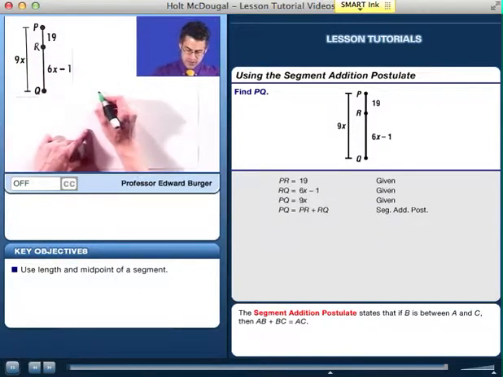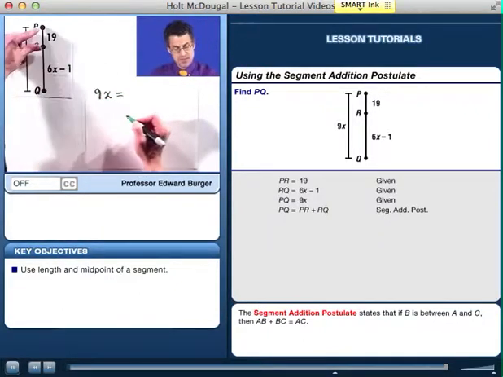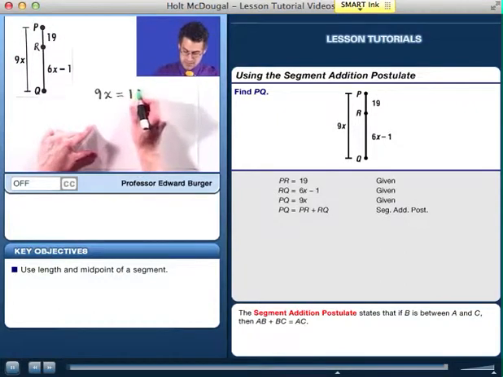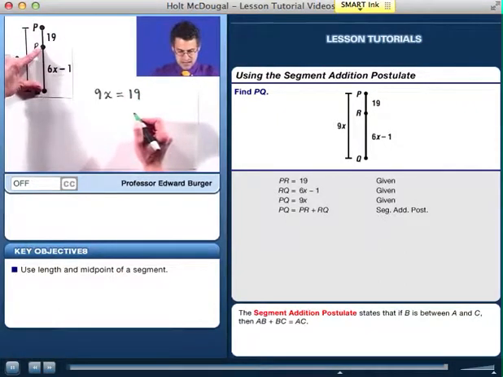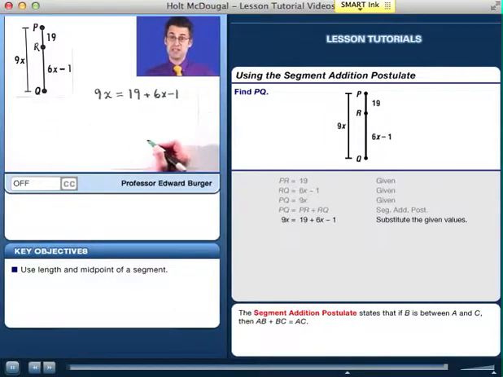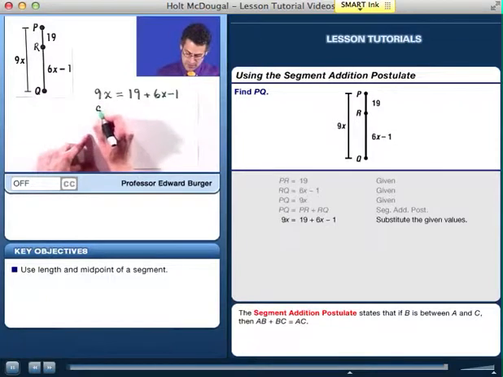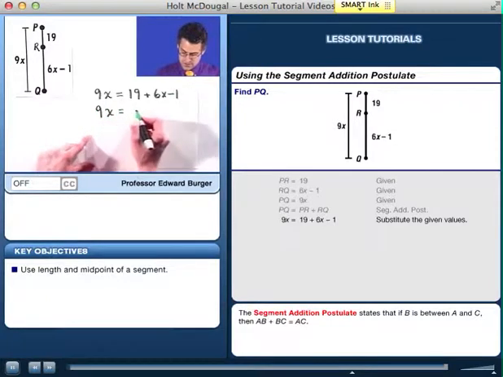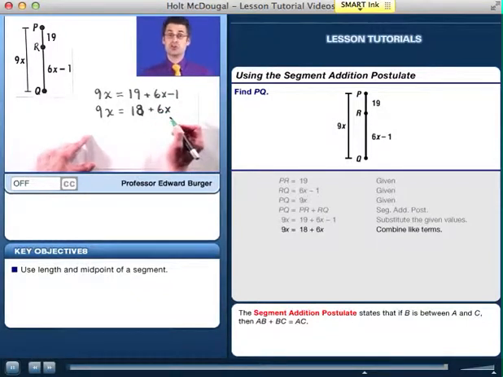This entire length, 9x, actually equals this length, 19, plus this length, 6x minus 1. Now I can clean up this equation a little teeny bit and write it as 9x equals 19 minus 1 is 18 plus 6x.